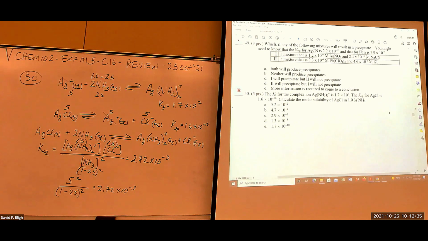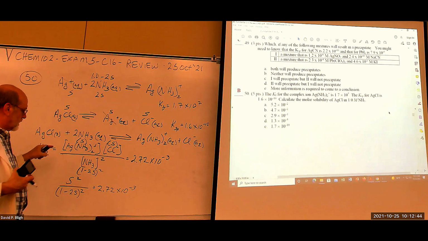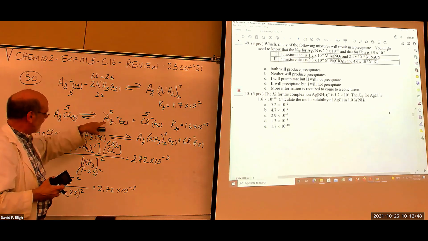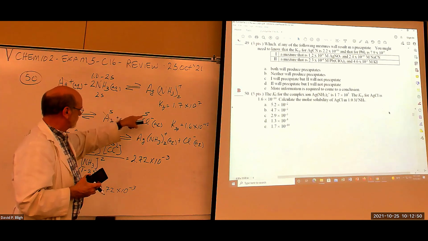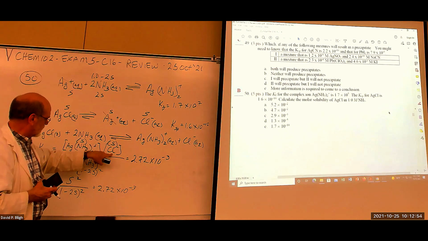Okay, did I lose anybody in that process? Combining the equations gives us the equilibrium situation. And the equilibrium is related to the solubility by how much silver it produces, how much chloride it produces. So chloride is the only factor we have in here.